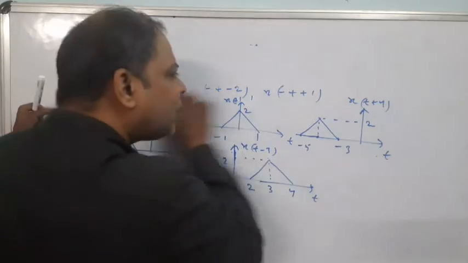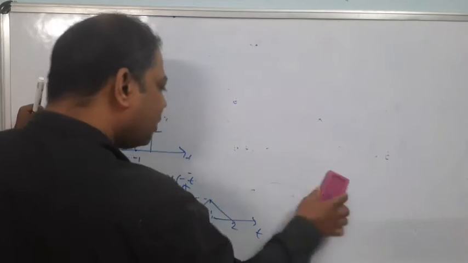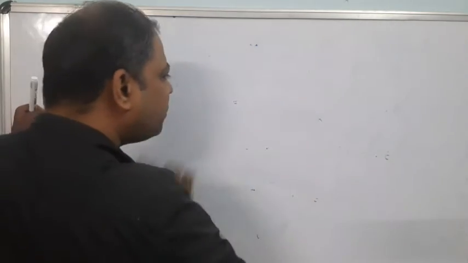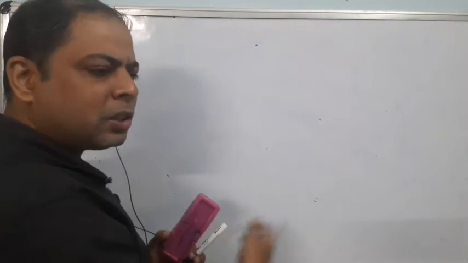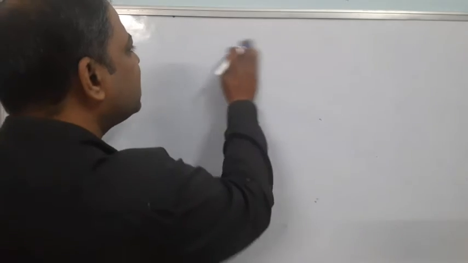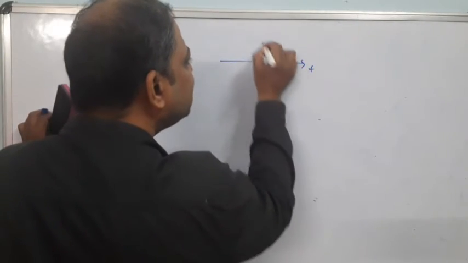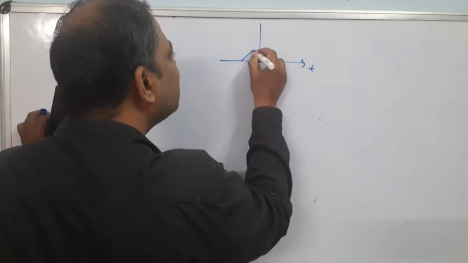Let us give another type of question, not just basic signals like these. Let us discuss this signal. Suppose x(t) is given, this is the time axis, in the figure it is given directly, this is x(t).